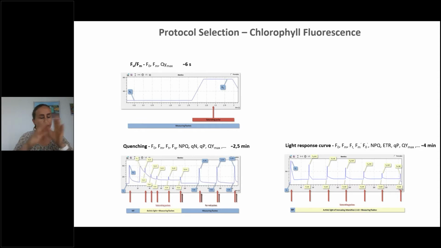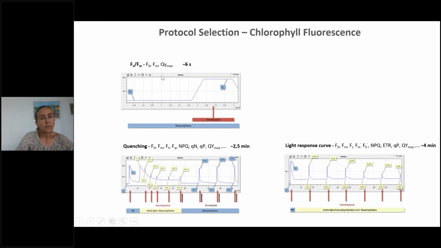There can be a plethora of different types of protocols, and it depends on the complexity and duration of the protocols the users can select, and also the practical application referring to a given experimental setup or a given experimental question.